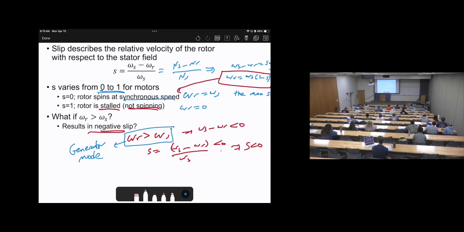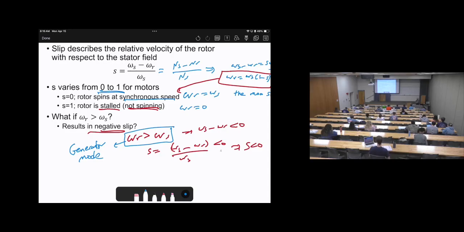In order to overcome this situation, it will act as a generator, so we need to go back to the original, which is 70 miles per hour. That means when the rotor speed is larger than the synchronous speed, we are in generator mode. While if you are in motor mode, you are climbing the hill, and your desired speed is 70 miles per hour. You don't want to go beyond that.